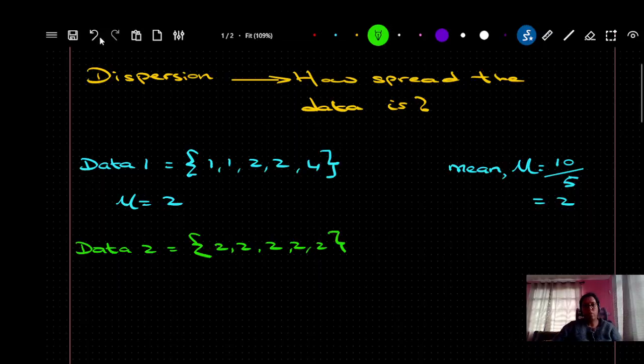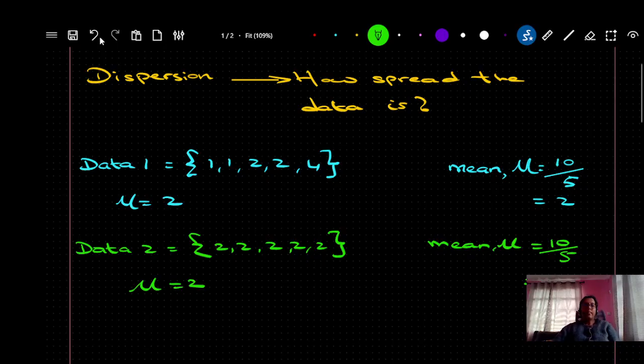Okay, you have five 2's, which here also makes a total of 10, and for a mean, divided by 5, you get 2, right? So here also the mean is 2.